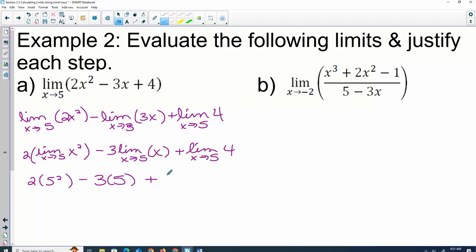What's the limit of a constant? 4. So we get 50 minus 15 plus 4. So 39. No table required.